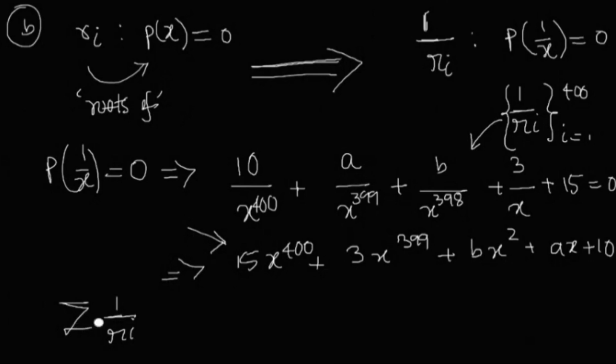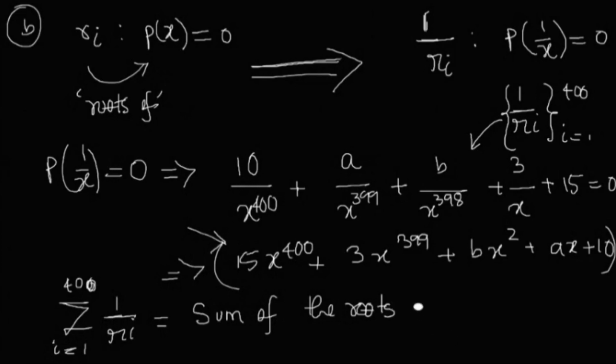So if you can find the sum of the roots of this equation, you will indeed be finding the value of the summation from 1 to 400 of 1/Ri. The sum of the roots is given by -b/a, which is -3/15, or -1/5. Either way you'll get the same value, of course, -1/5. This is the second way you can solve it.